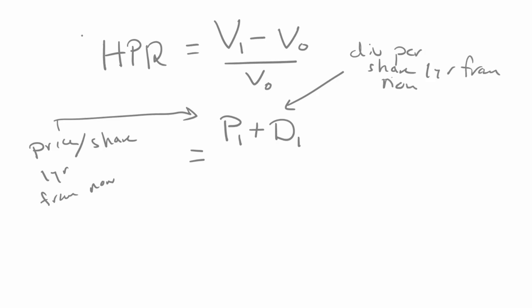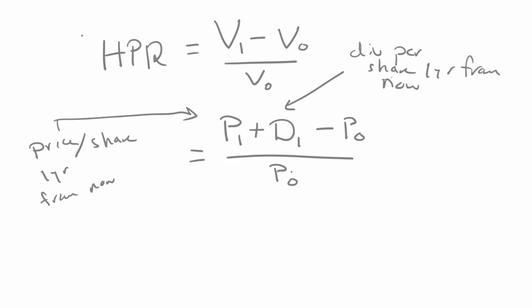We always calculate prices after the dividend has been paid. It's called the ex-dividend price. Now we subtract out what we paid, which was the price at 0, and divide by what we paid, which is the price at 0.